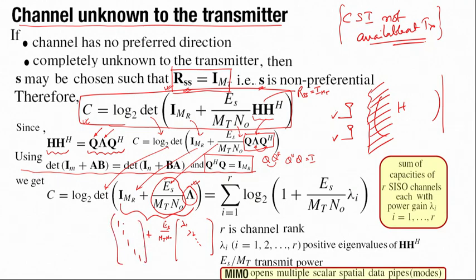So, that means this whole matrix is a diagonal matrix whose determinant is a product of 1 plus Es by MT N naught times lambda i, i equals 1 to rank of R. So, rank of R, you can set it equal to R. So, determinant of this and a log base 2.